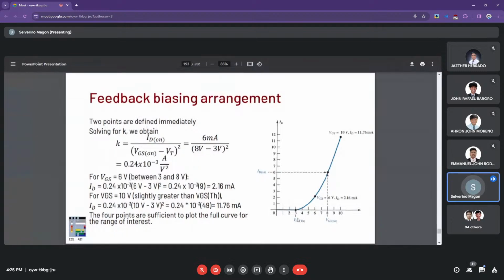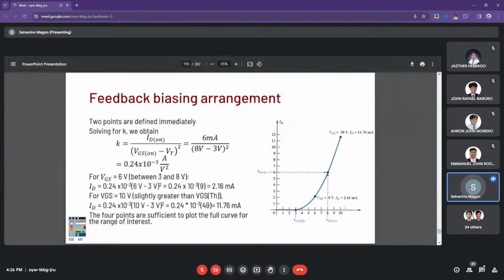If we solve for VGS at 6 volts, so that's between 3 and 8, then the drain current at that point from the K value here becomes 2.16 milliamps. So we can plot the line based on these calculations.